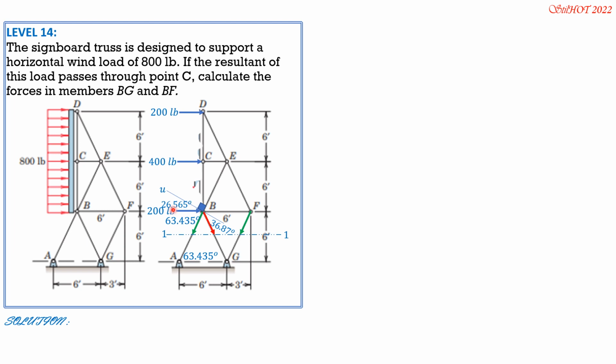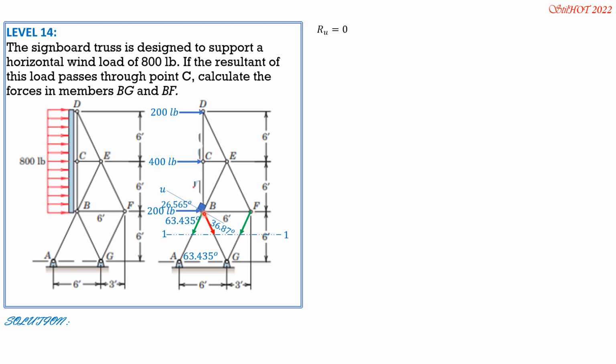So all these external loads, 200, 400, and 200, are above section 1-1. So we can combine them into 800 again and multiply their components in the opposite direction of U: 800 cosine of 26.565, while the component of FBG in the negative direction of U is FBG cosine of 36.87. So summation of forces along U equals 0, and let's consider positive in the direction opposite to U. So we begin with FBG.